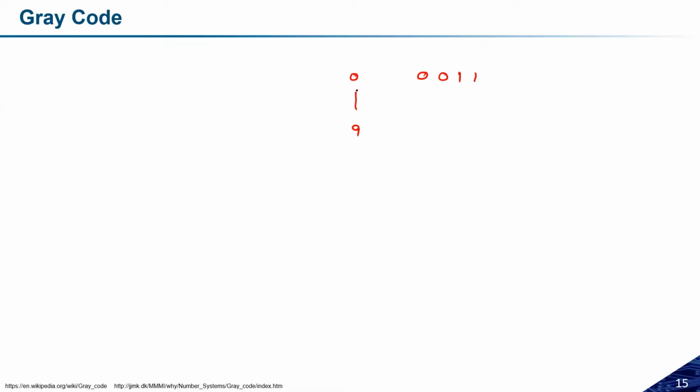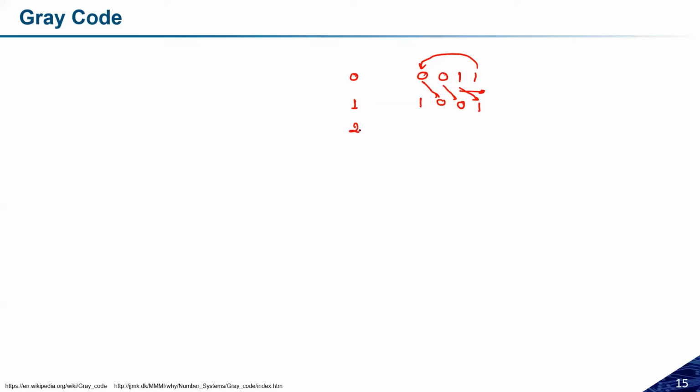If I am increasing by 1 with this code, going from 0 to 1, I have to rotate it cyclically. Let us assume I rotate in the right direction, so this 1 will come on this side, this 0 will be here, this 0 here, and this 1 here. So 1001 will be the code for 1.